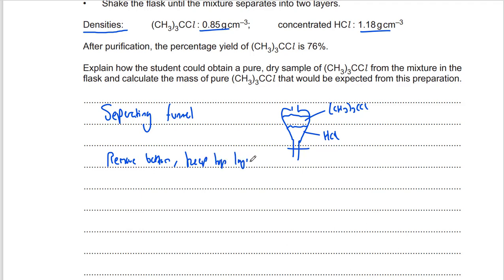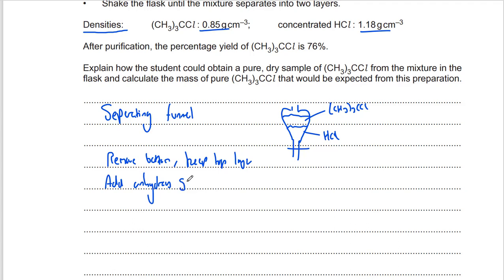Now, when you have your top layer separated, you need to do a couple of things to it. First thing you need to do is add an anhydrous salt. And to get full marks, you should name the salt.